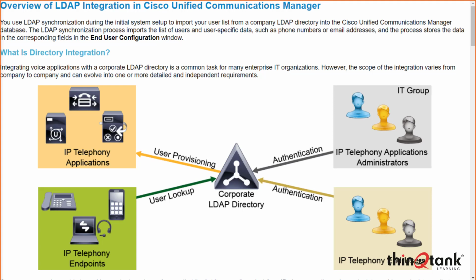We can use LDAP to do authentication for IP telephony application administrators, that would be my application users, and we also have our end users. We can do authentication for our end users. Within the context of Call Manager, that's what they're talking about in this particular case.